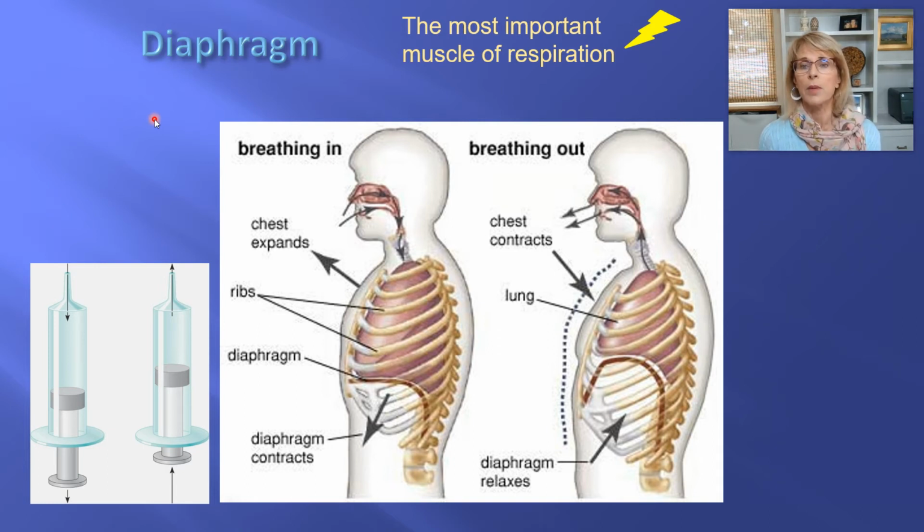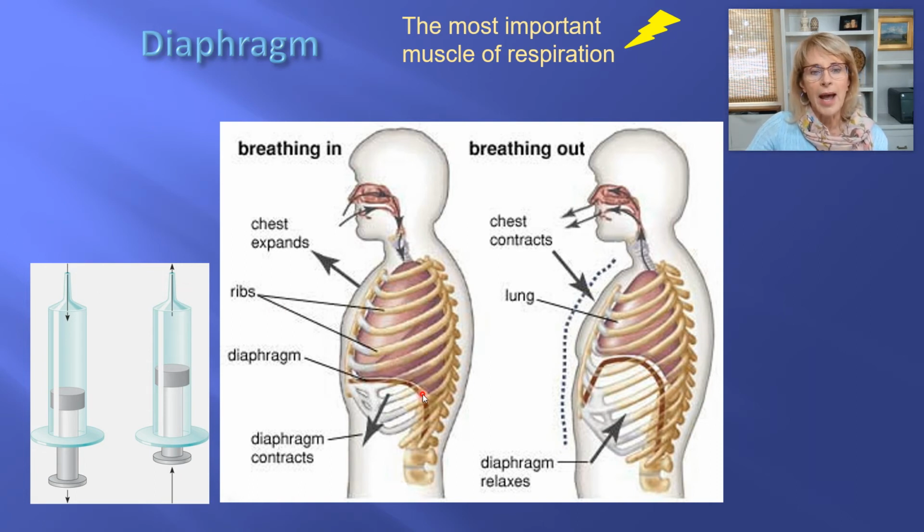Your intercostal muscles, the external and the internal intercostals, they help you breathe. The scalene muscles, they help you breathe. You know what? You could live without any of those as long as you've got a diaphragm that works well. But you cannot live without a diaphragm.